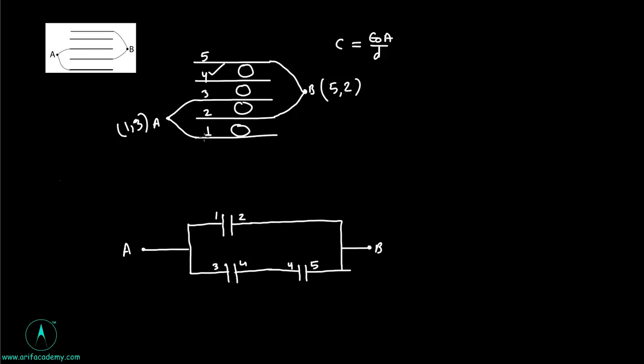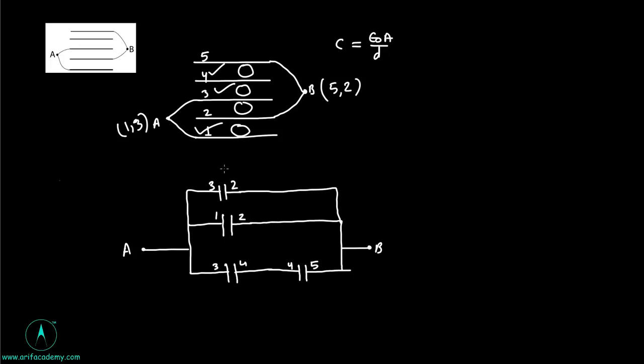So 1 and 2 are connected here. 3 4, yes, it is done, and 4 5, yes, but 2 and 3, so 3 is here and 2 is here, so I have to draw again 3 and 2. I can draw it here, or we can connect to 2 like this, all the same.